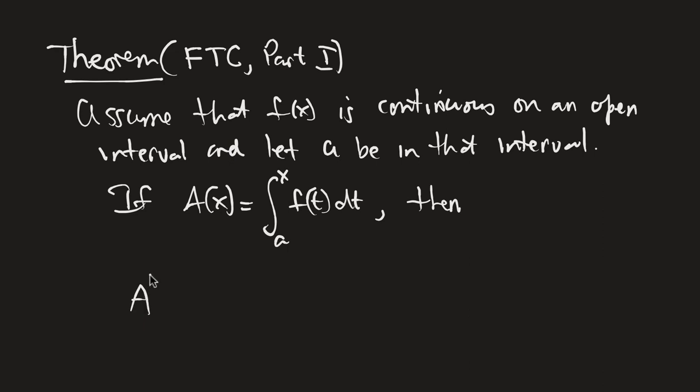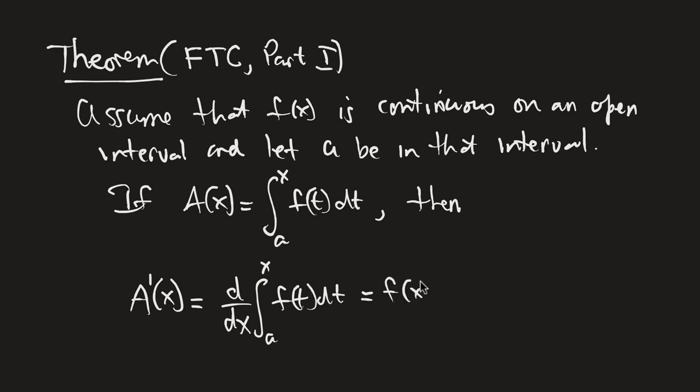You can use the A prime notation like that. Sometimes you'll see it in a slightly more complicated way where they put the d dx in front of the integral sign. But the whole idea is when you differentiate this area function, you get back the original function, right? And that's what the theorem states, right?